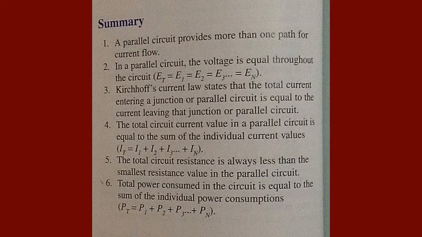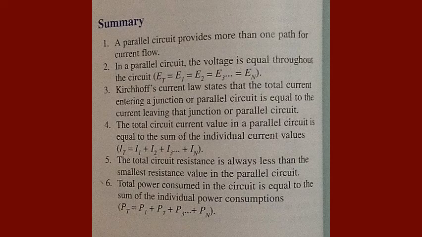In summary, a parallel circuit provides more than one path for current to flow. In a parallel circuit, the voltage is equal throughout the circuit, like voltage total equals voltage 1 equals voltage 2 equals voltage 3, etc. Kirchhoff's current law states that the total current entering a junction or parallel circuit is equal to the current leaving that junction or parallel circuit.